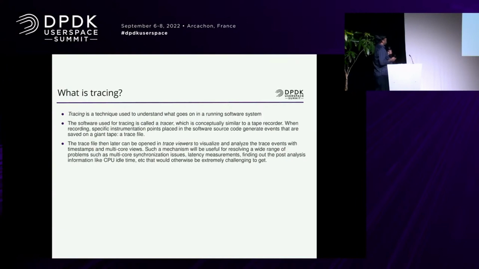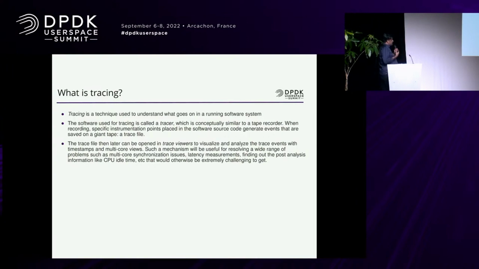So now let's get to the basics: what is tracing? Tracing is a technique used to understand what's going on in a running software system. You can assume it's like a tape recorder, and we will be recording the events. Once events are recorded, there are different modes, and I will get into that, how we can record.